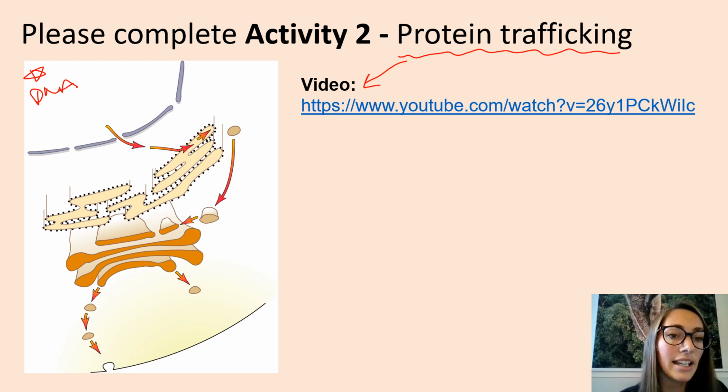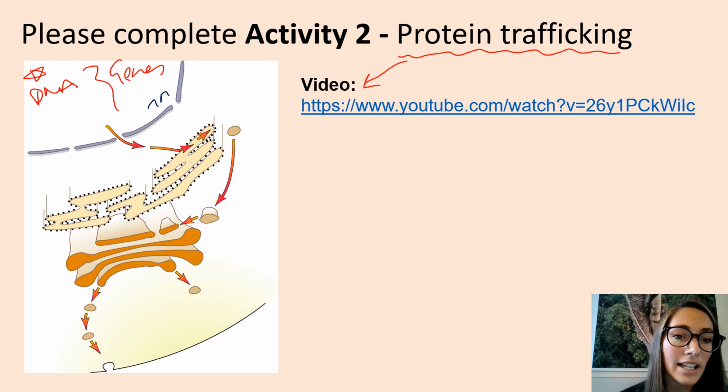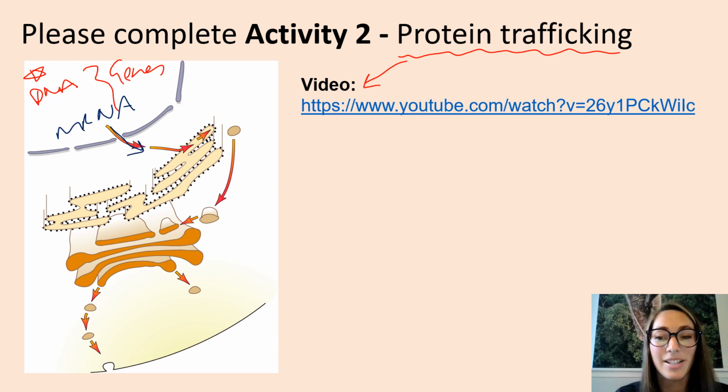DNA has lengths on it called genes, and the genes can code for polypeptide chains, which then can form proteins. If you remember from GCSE, copies of those genes called messenger RNA are synthesized, and those messenger RNA molecules can travel out of the nucleus via a nuclear pore, and they'll only ever go out, they never go back in. So we have to be careful when we're describing that in exam questions.